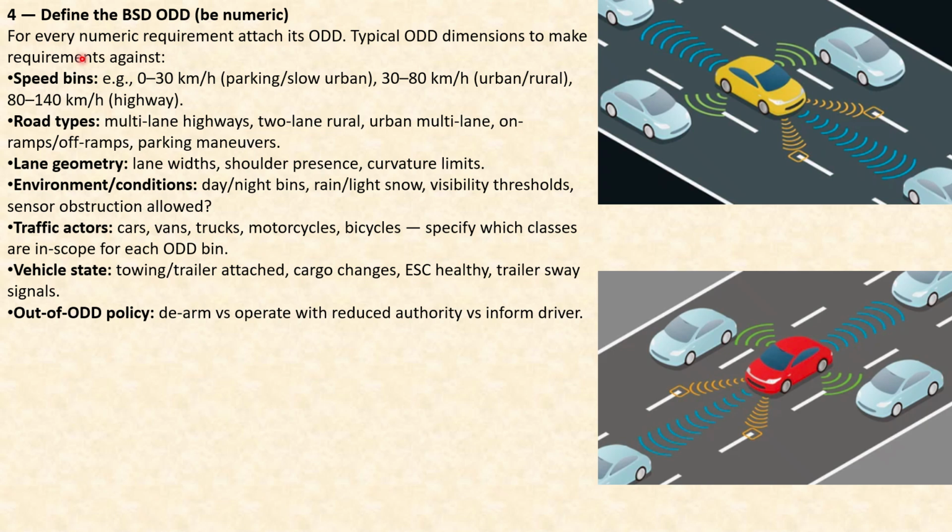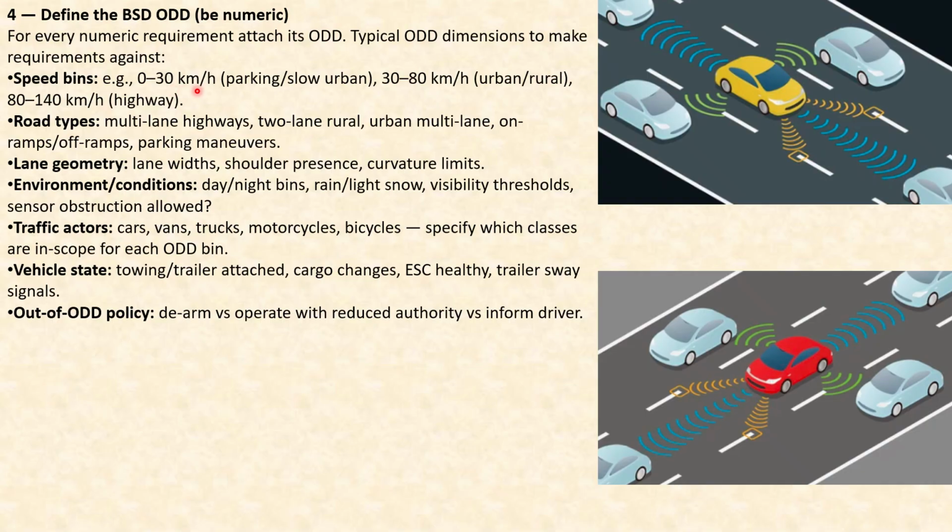Now, first of all, you have to define the blind spot detection operation design domain. For every numeric requirement, attach its ODD. Okay, operation design domain acronym is ODD, and henceforth I'll be using this acronym. So please take care of it. So typical ODD dimensions to make requirements against. There are various speed divisions or speed ranges.